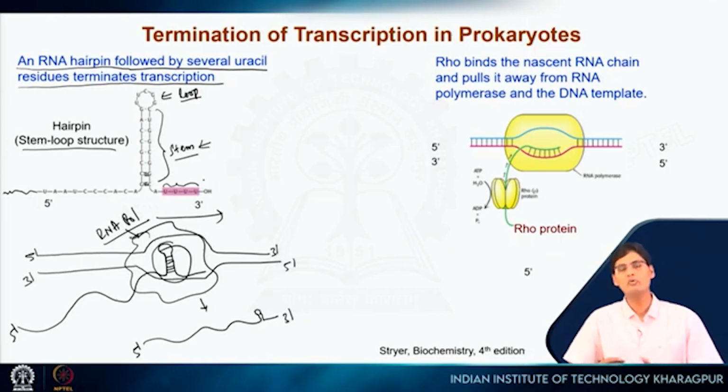If you have U on the mRNA and A in the template strand, you need less energy to dislodge this nascent mRNA. So the stem loop structure followed by multiple U residues even helps remove this nascent RNA from the transcription complex.